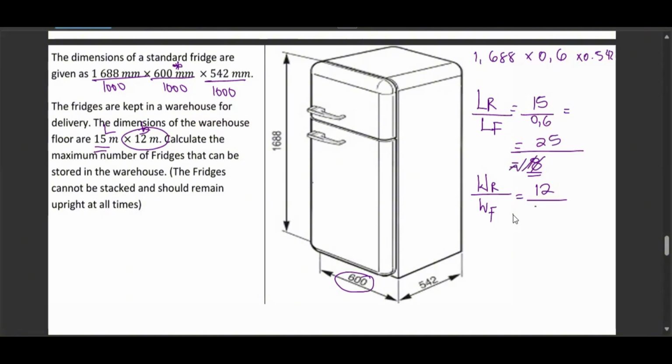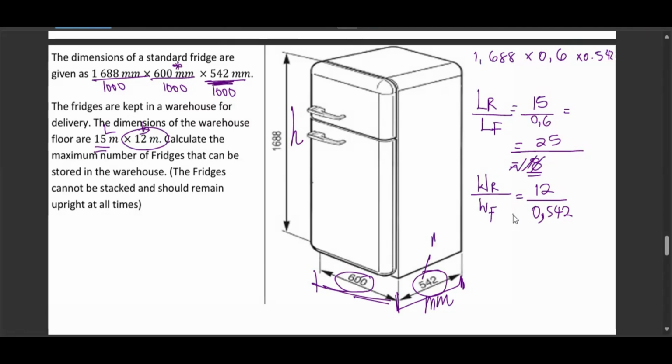And now 12 will be divided by the width of the fridge. This is how long, this is how high. Anyway, we are going to divide by 0,542. Why is it 0? Because these were in millimeters.